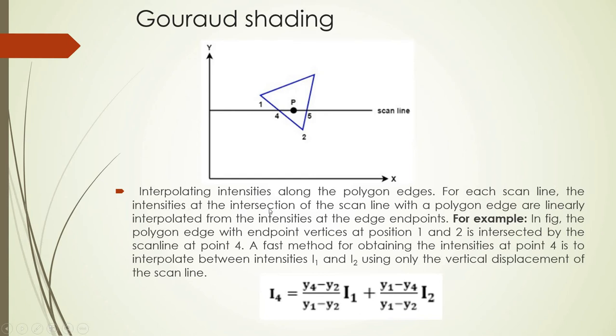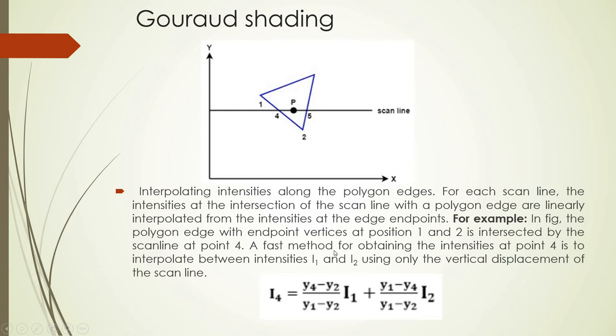The intensity at the intersection of a scan line with the polygon edge is linearly interpolated from the intensity at each endpoint. For example, in the figure, the polygon edge with endpoint vertices at positions 1 and 2 is intersected by the scan line at point 4.